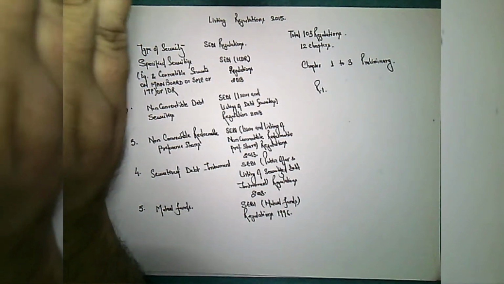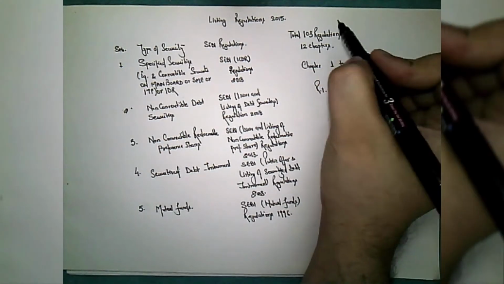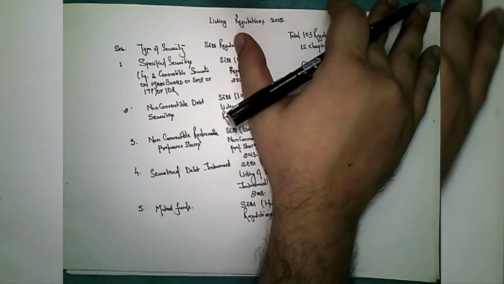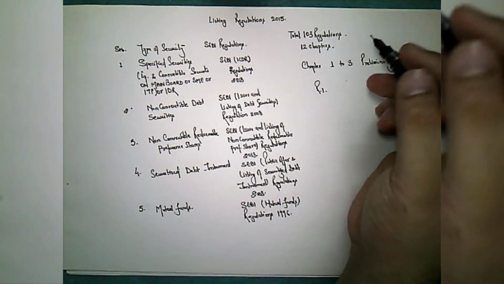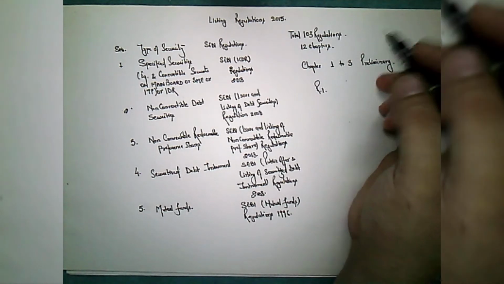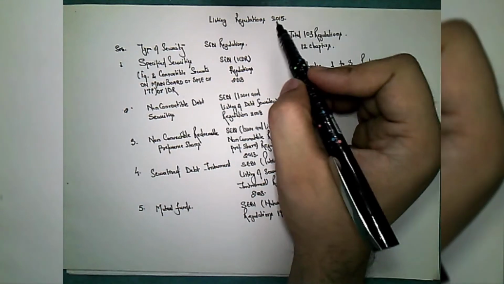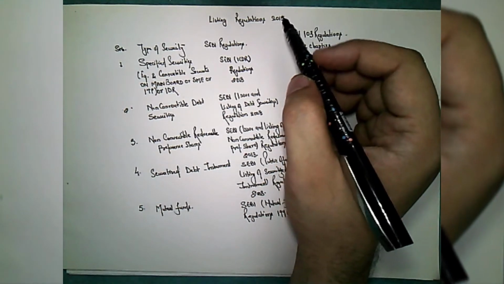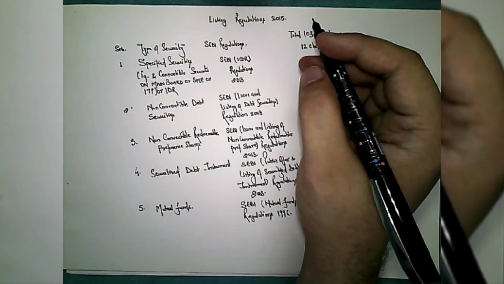Now, prior to the SEBI regulations, when the listing agreement was in picture, the company was required to execute a fresh listing agreement with the stock exchange within 6 months from the date of notification of LODR regulations.